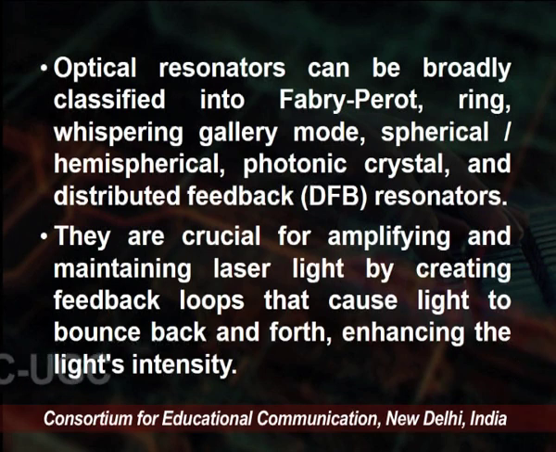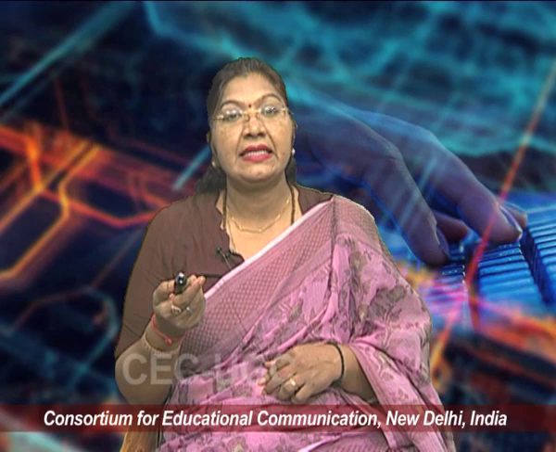of the light. It means we can enhance the intensity of light through the resonator as the light is moving and bouncing back inside the placement of the mirrors, which are partially reflecting or fully reflecting. On one side we have a partially reflecting mirror and on the other side a fully reflecting mirror, and the light is moving in this, and we can get the feedback through this loop, and that feedback will amplify the light.